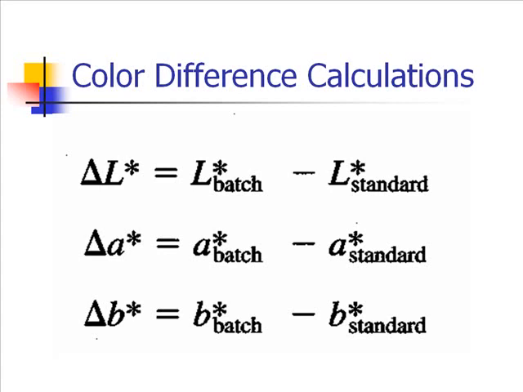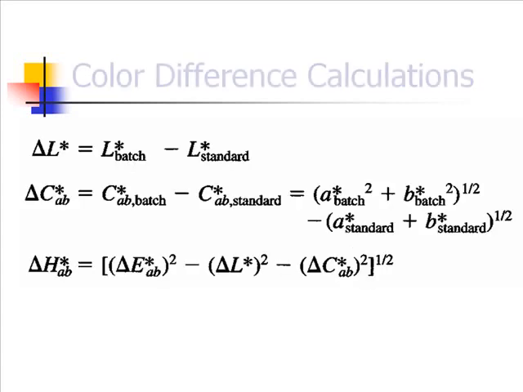Because one of the things that's important about these numbers is not only the size of them, but the sign, whether it's positive or negative, because that tells us which direction it's off, whether it's red or green, blue or yellow, that sort of thing. In terms of LCH, the difference in chroma is the chroma of the batch minus the chroma of the standard, and this is the way that each chroma is calculated. We'll do this in a later class.